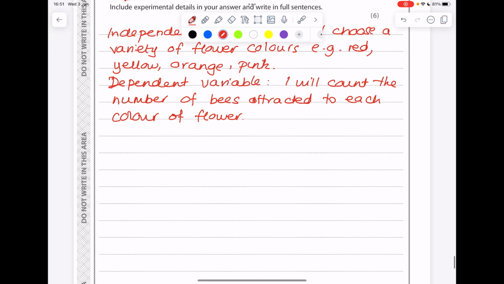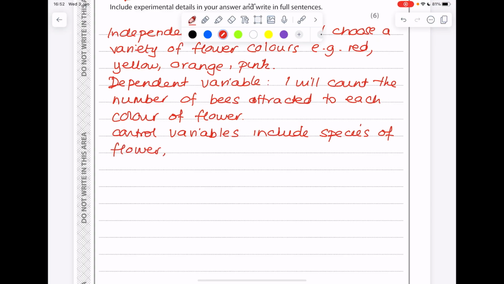Now the control variables, at least 3 or 4. What will we keep the same to make sure it's a fair test? We need to keep the species of flower the same. Type of pollinator.